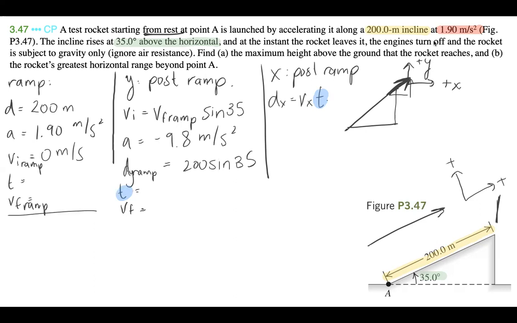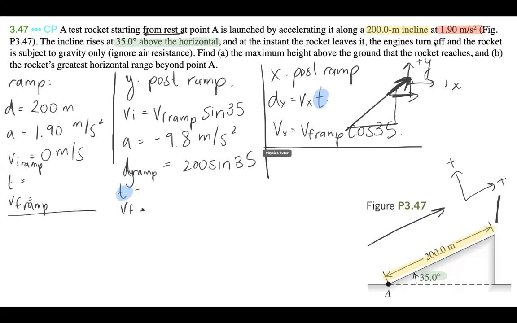And then for Vx, we know that Vx has to be VF ramp, right? So as we're leaving this, it's going to be the X component of this speed. So that's going to be cos 35.